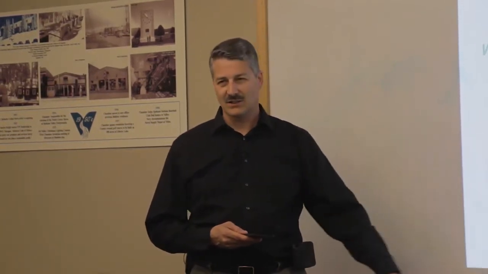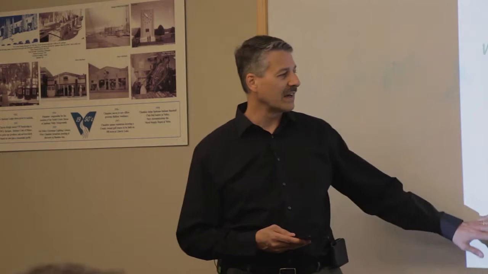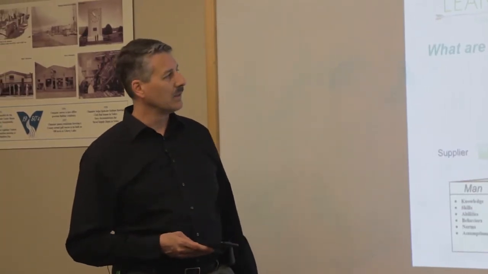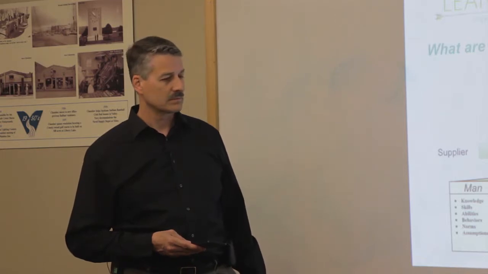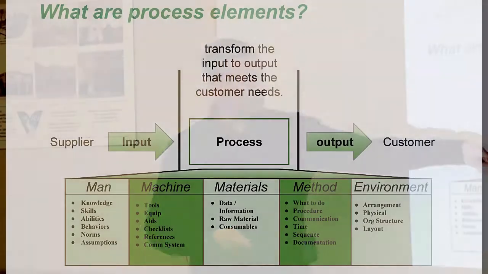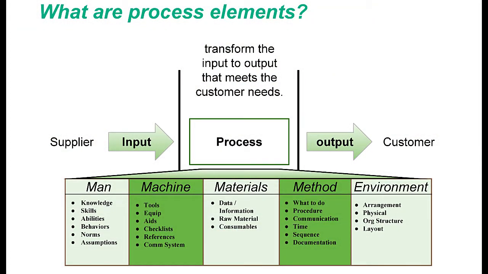I'm not necessarily expecting you to write it all down and remember it, but the big takeaway that I would like you to have is that for each process step, there's process elements associated with it in understanding that process step.